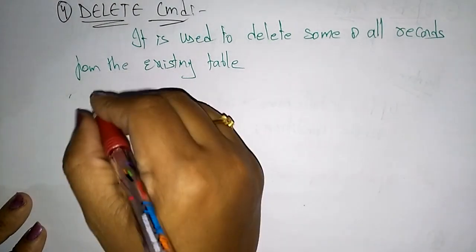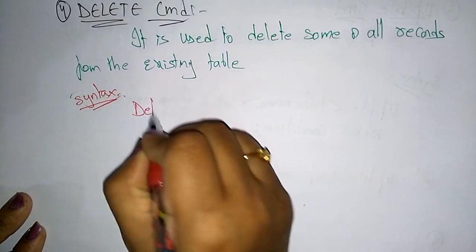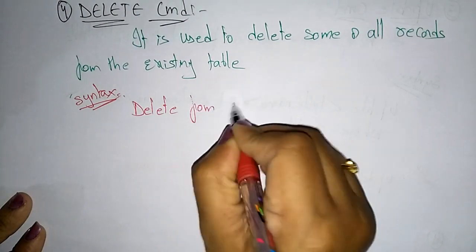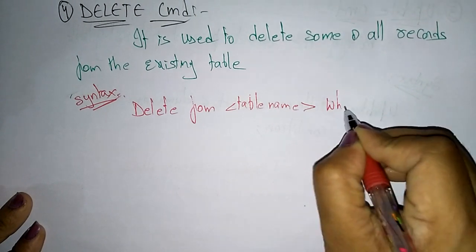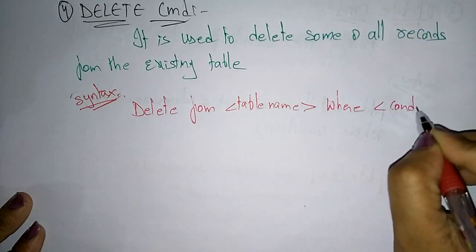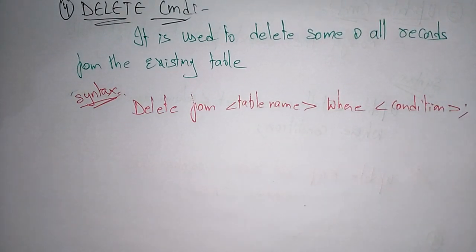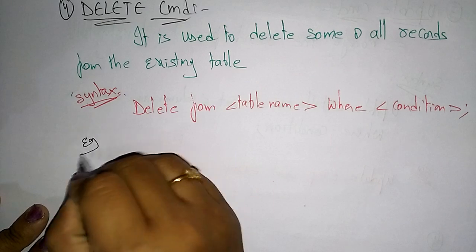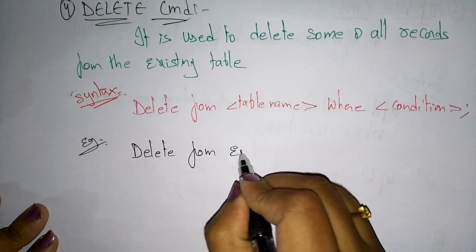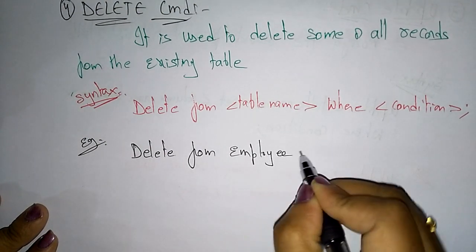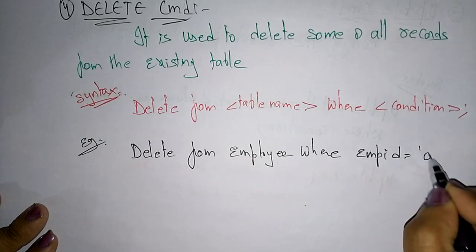The syntax for this is delete from table name where condition. Okay, this is the syntax. Now let us see the example: delete from employee table where employee ID is equal to 001.